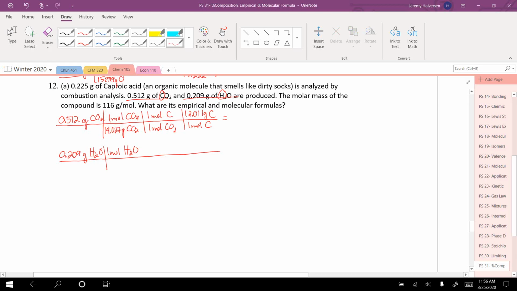Water is, wait, no it's not. Sorry. There we go. 44.009. Water is 18.015.